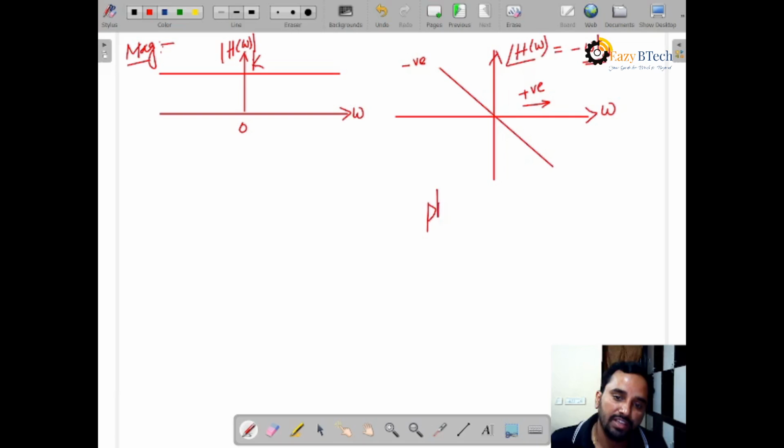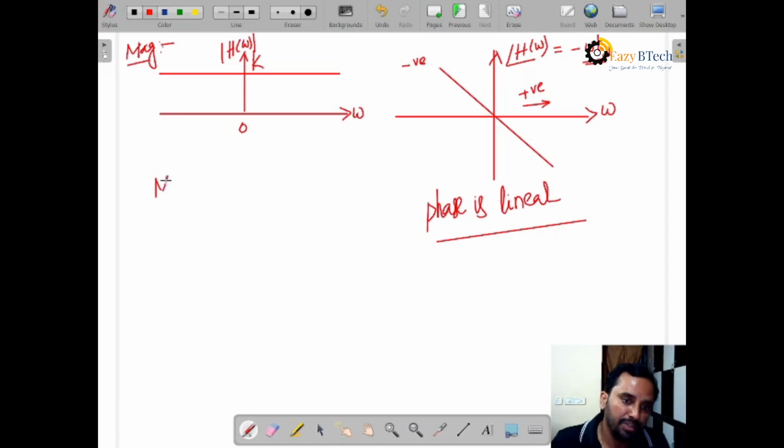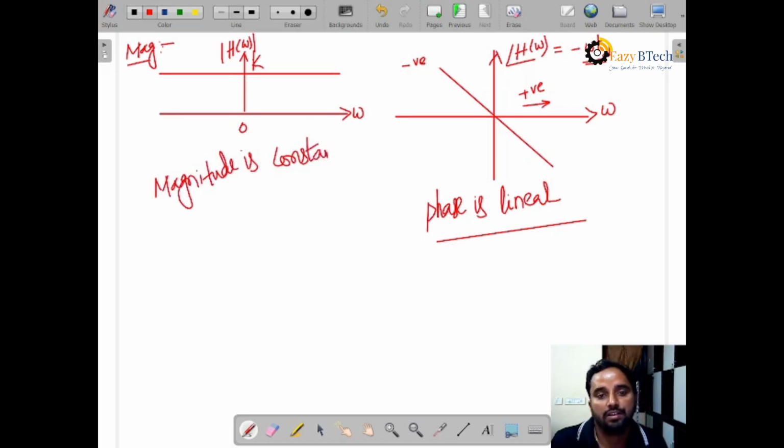So the system phase is linear, and magnitude is constant, right?